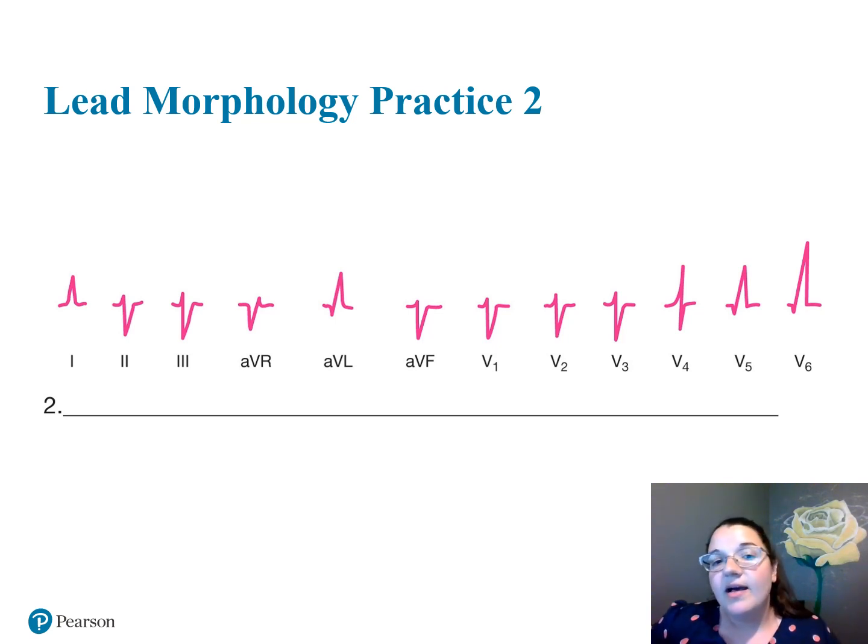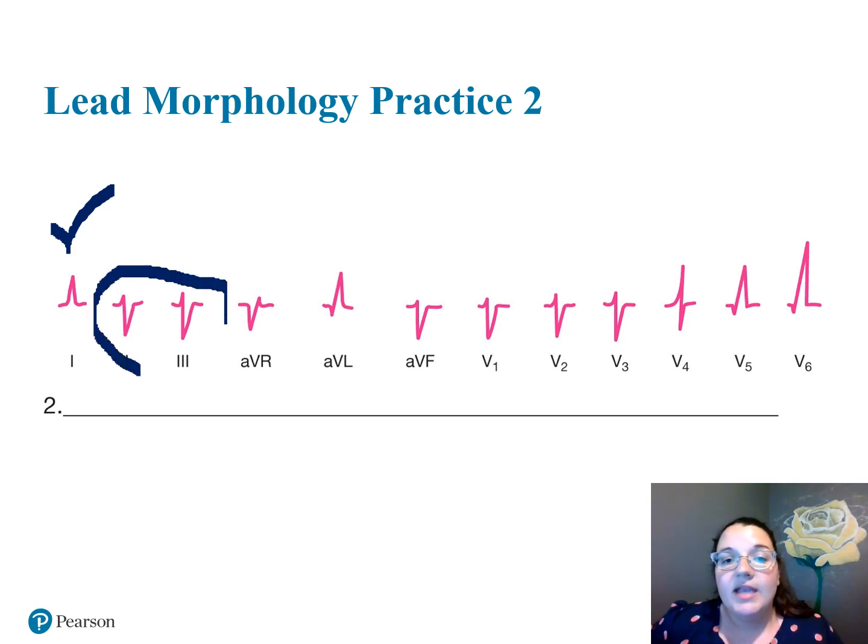Okay. Practice number 2. Again, we need to be positive everywhere except for AVR and V1 and V2. So, lead 1, we're correct. But leads 2 and lead 3, we are what? We're negative. AVR, we're supposed to be negative. AVL, we're positive.